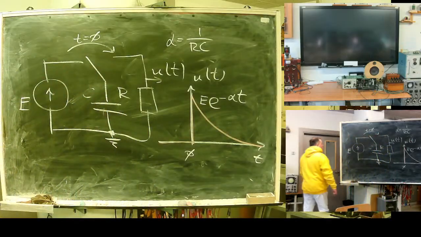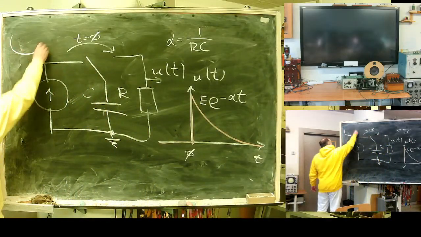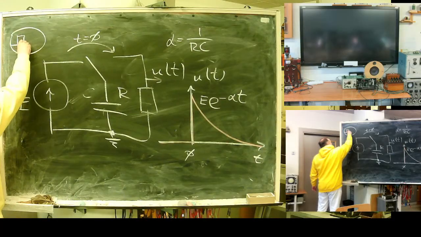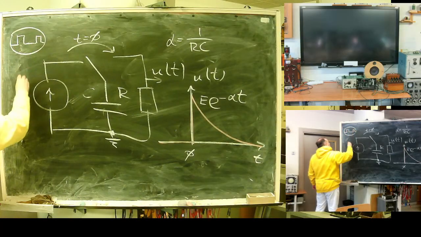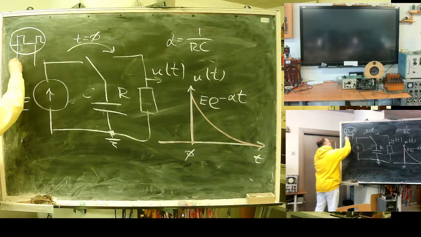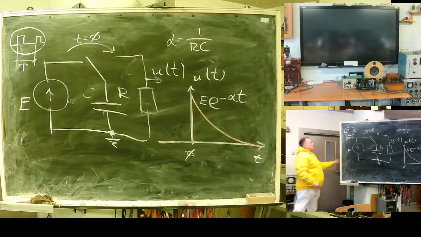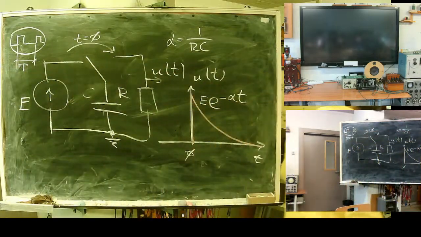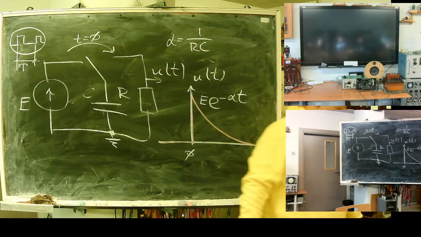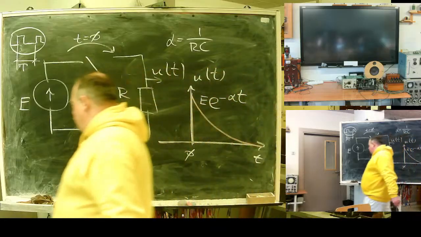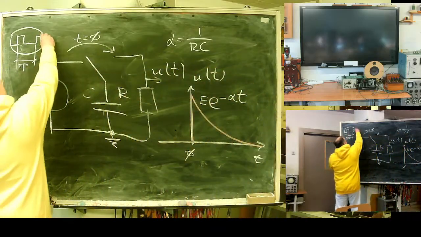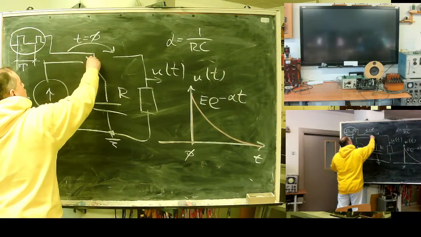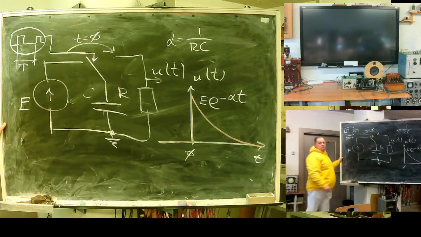I can do a trick. I can take a pulse generator producing a signal like 1010 with a period of T capital. What will I see if I use this signal to drive my switch?